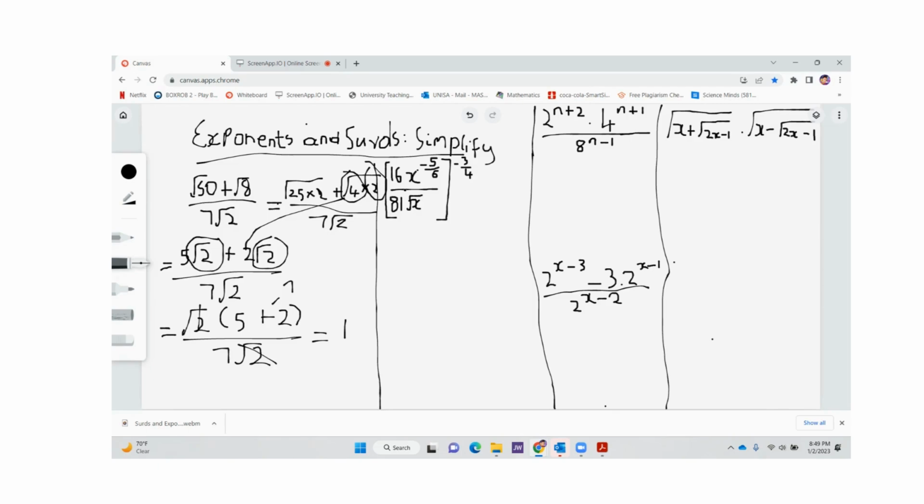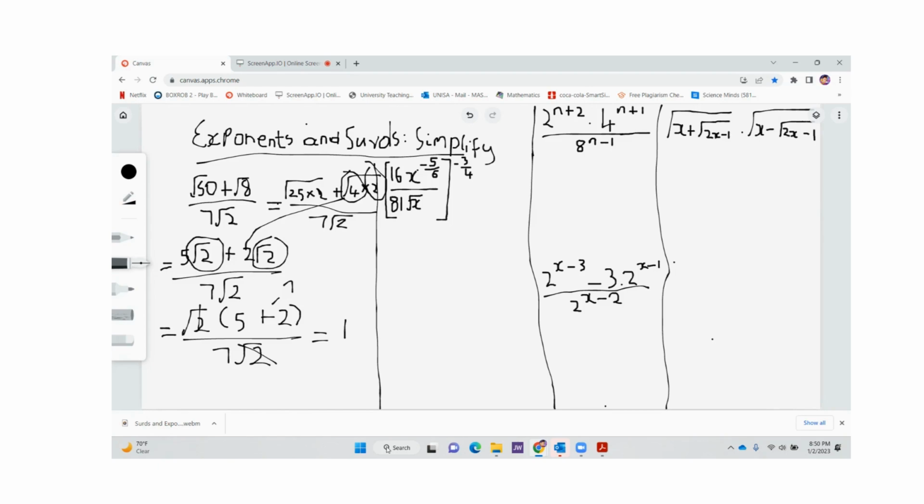All right. Let's try to also make 16 in an exponential form, as well as that 81. We can also try to make it exponential form before we can deal with the outside exponent of minus 3 over 4. So I want us to do it last. Just consider it last.